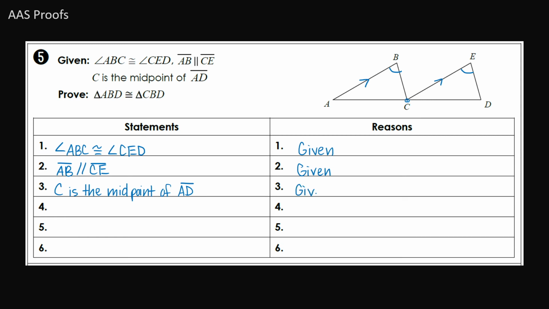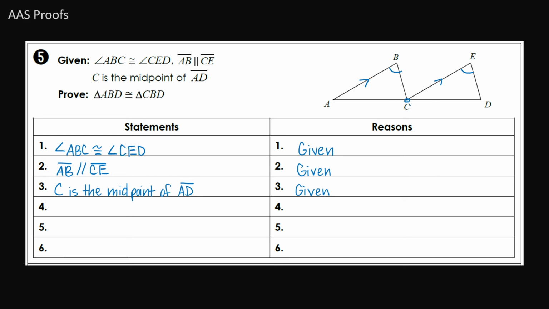So what's happened so far, just to stop, pause, reflect, is we're given that one pair of angles is congruent. We're going to need some extra information about other sides and angles here. So first, what I want to use is the information about C being the midpoint of AD. We know that midpoints cut segments in half.